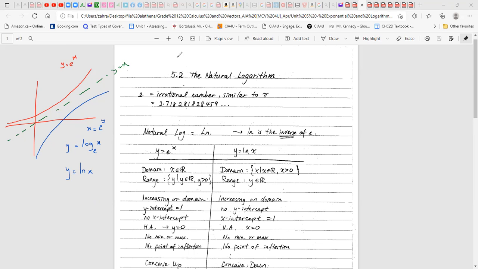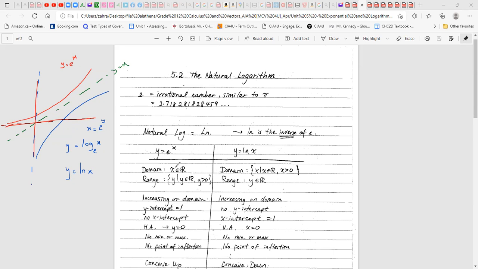All right, so about the properties of that: e to the power x has a horizontal asymptote, but the logarithm function has a vertical asymptote here.